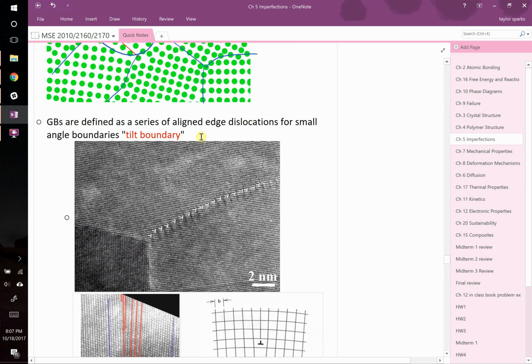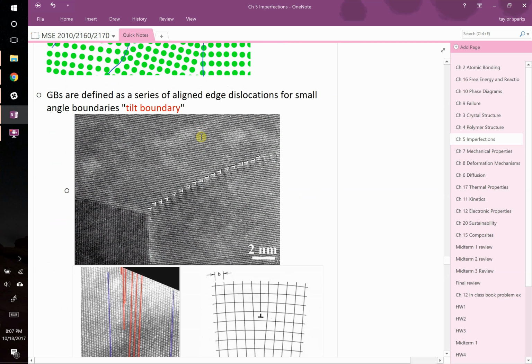So for one thing, with grain boundaries, you can think of them as a series of aligned edge dislocations, right? So again, here's our grain boundary separating two different crystallographic orientations, and if you were to zoom in on that, you see this little T symbol. The T symbol represents an edge dislocation, where this is the extra row of atoms.